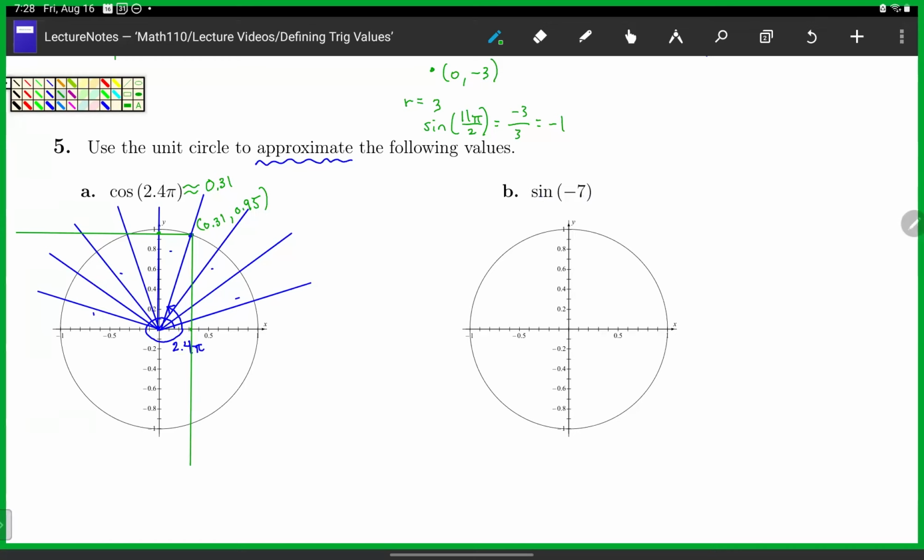Okay, sine of -7. So I'm using the fact that pi is approximately 3.14, so that means that 2 pi is approximately 6.28 or 6.3. So that means -7. So this is about -6.3, and then if I go another 0.7 along.